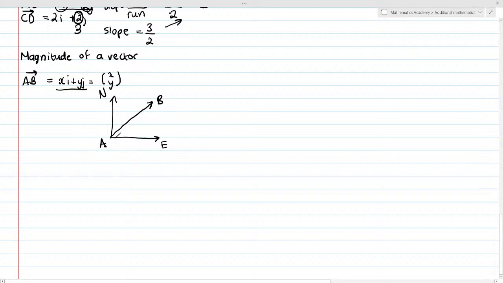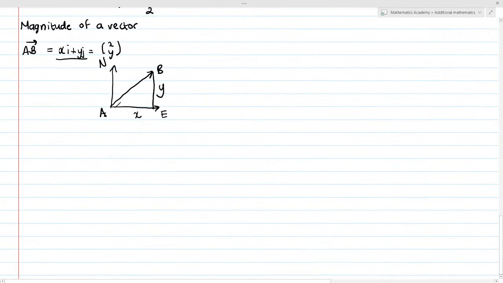So if I know that in order to get from A to B, or in order to travel in the direction AB, we need to go x units to the right and y units up, how do I figure out what the magnitude of AB is? I think you can see what's coming, because here we have a right angle triangle. Why? Because the horizontal direction is perpendicular to the vertical direction by definition.